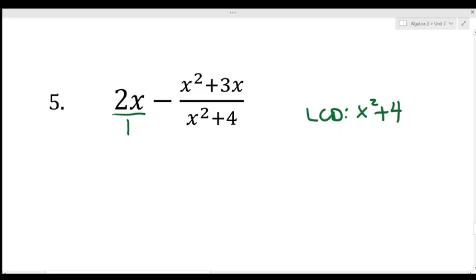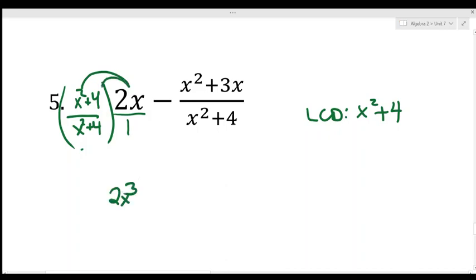So I need to multiply the top and bottom by x squared plus 4. This gives us, so we're going to distribute the top, so we get 2x times x squared gives us 2x to the third. 2x times 4 gives us plus 8x over x squared plus 4.